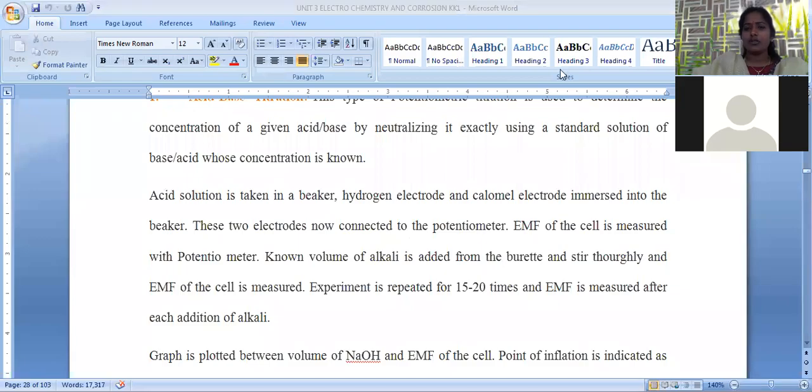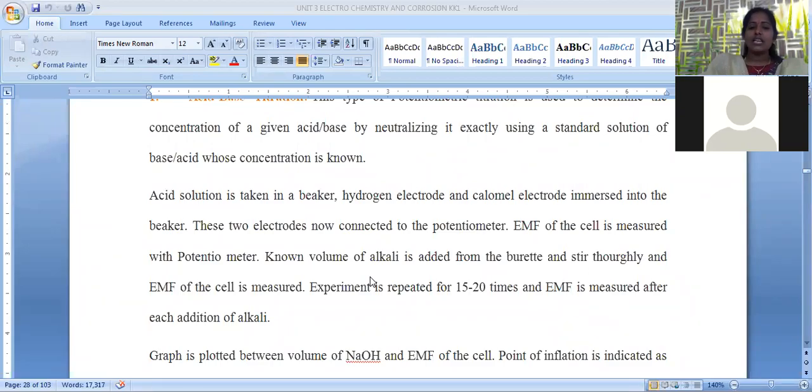One is a reference electrode, the standard calomel electrode, and the second is a platinum electrode dipped into it. Along with the platinum electrode, a pinch of quinhydrone powder is also added to the beaker, so that it becomes a quinhydrone electrode, which is the anodic compartment, and the cathode is the standard calomel electrode. Both are now inserted into a beaker containing HCl solution.